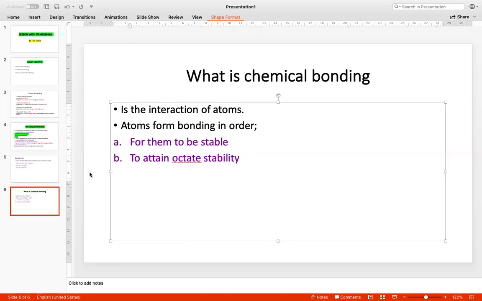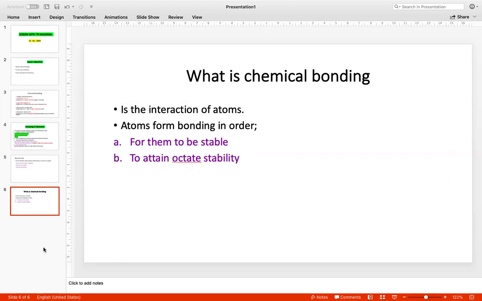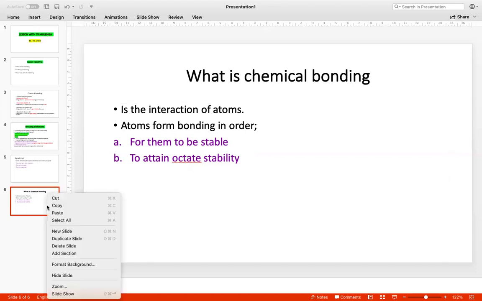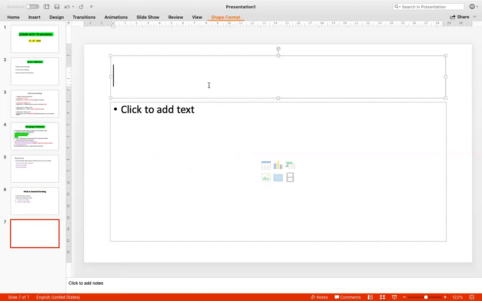Okay, we can move on now to types of bonding. The types of bonding depend on the elements that are taking part in a chemical reaction. So you have to remember those four classes that we talked about: groups 1, 2, and 3 alone, group 4 alone, groups 5, 6, 7 alone, and group 8, or those that are called group 0, also alone.